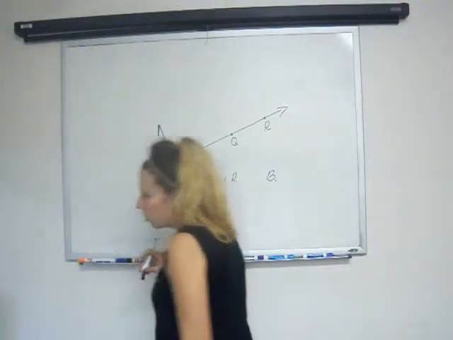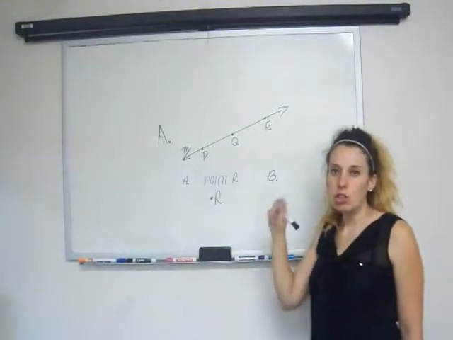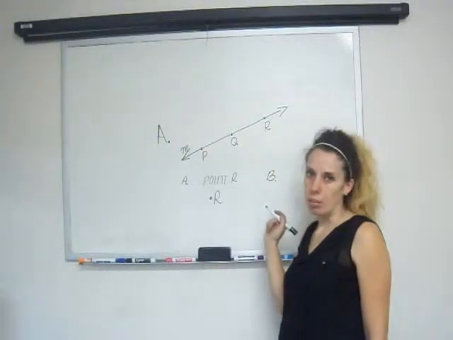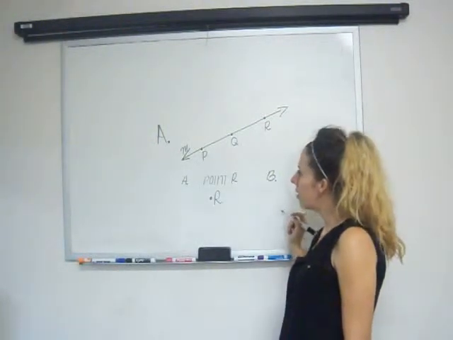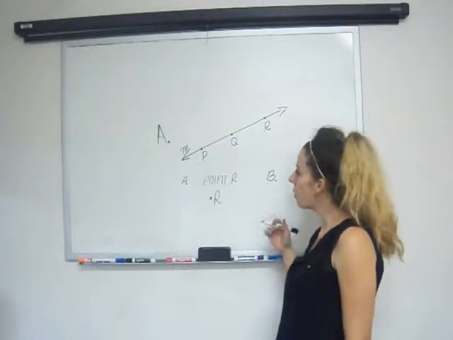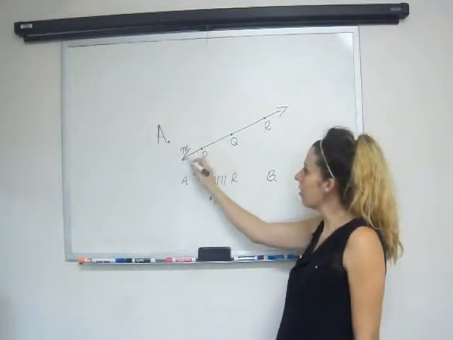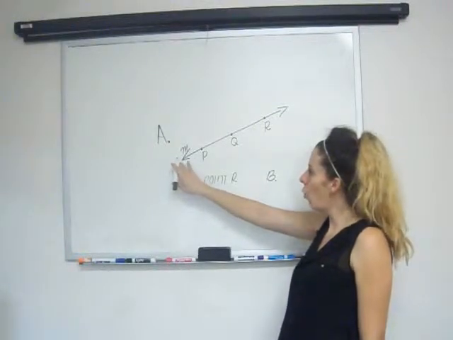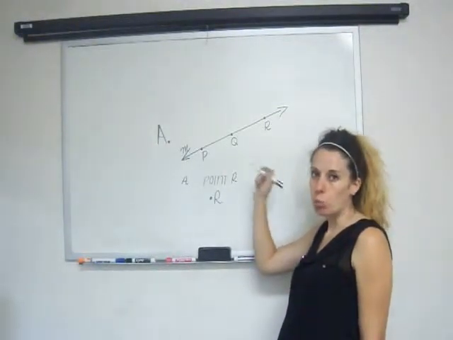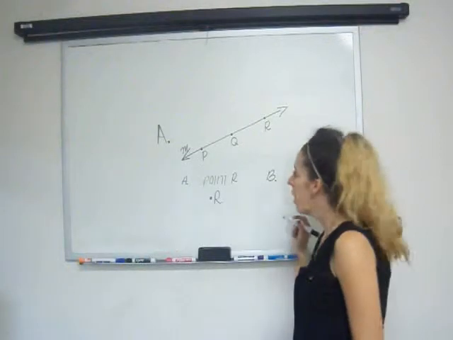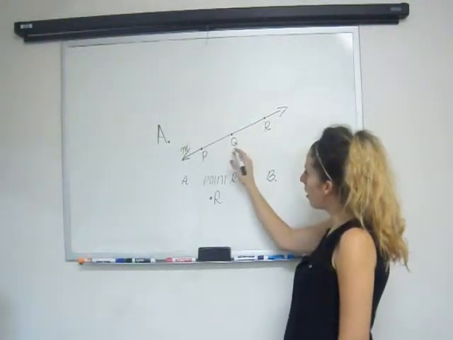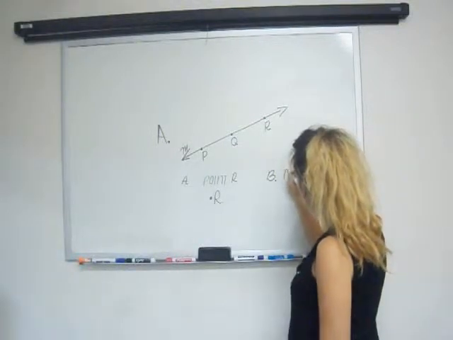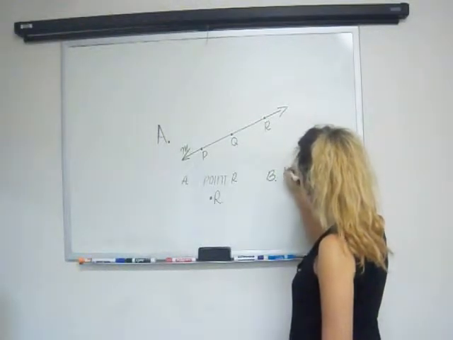Okay, so B says, give 2 other names for line M, okay? And from our vocabulary, we learned that you can name a line with a single lowercase letter, or we can name it by 2 points that are on that line. So I'm going to call this line either line PQ, and I'm just going to write it.